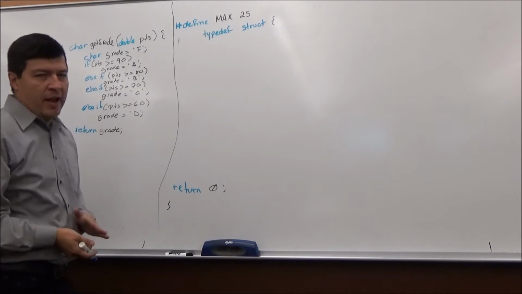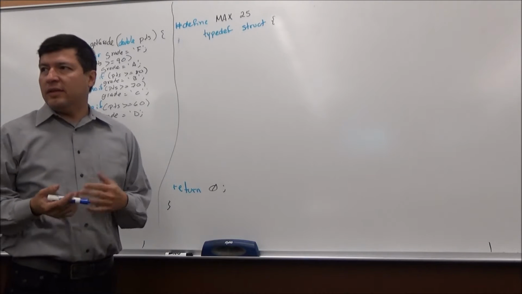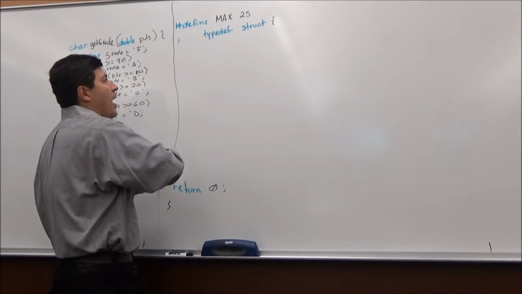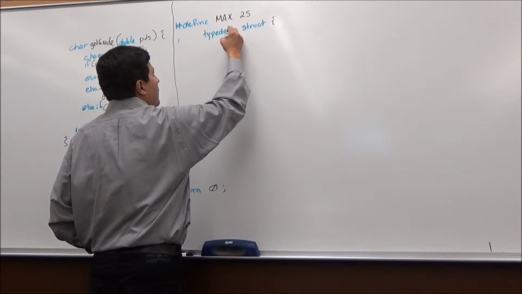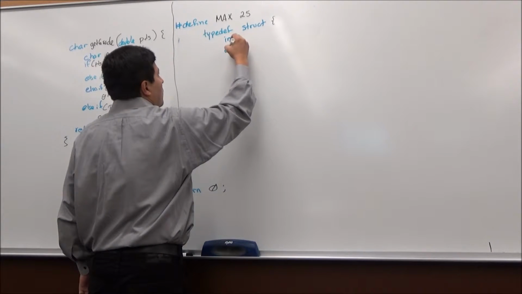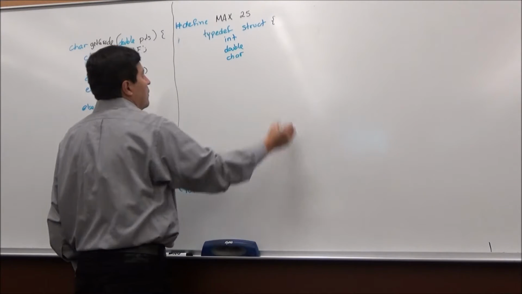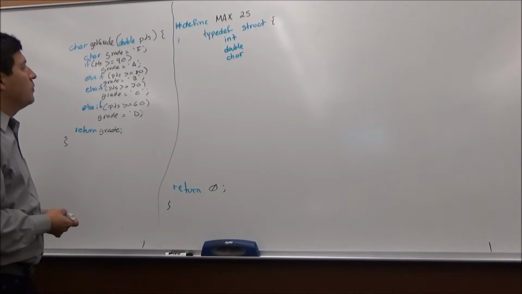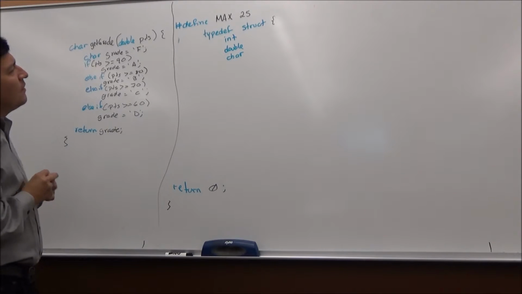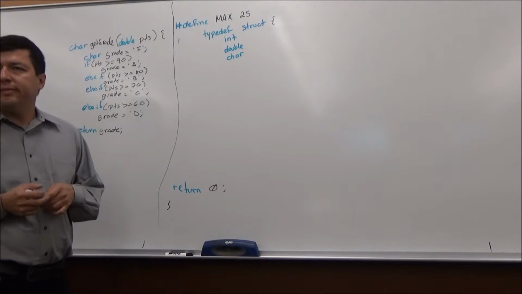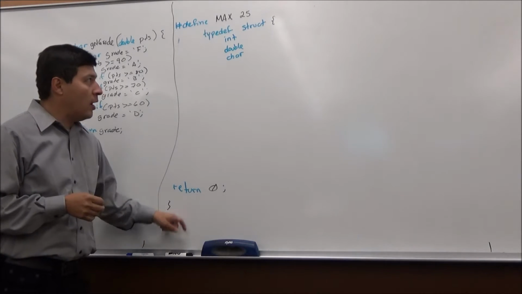It doesn't have to be an array, it will be just a single item, but it's nice to have it organized. So I had here before an int, a double, a character, right? Well, actually, the grade is calculated. I will leave it for now in here.